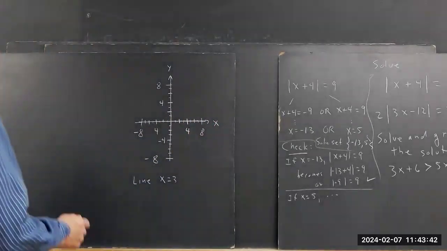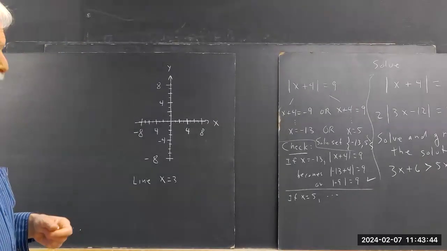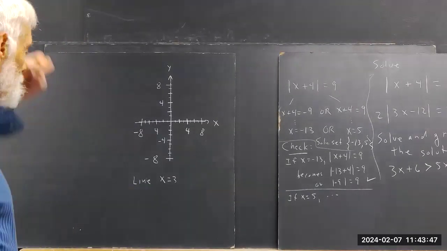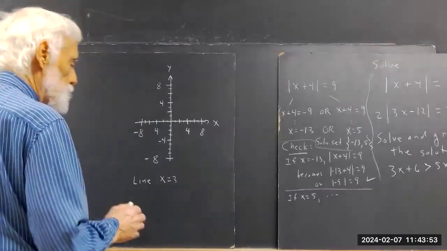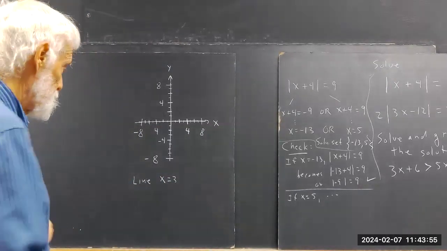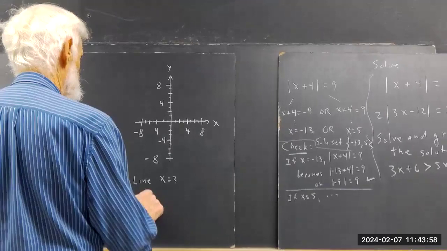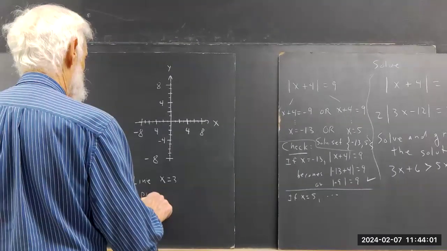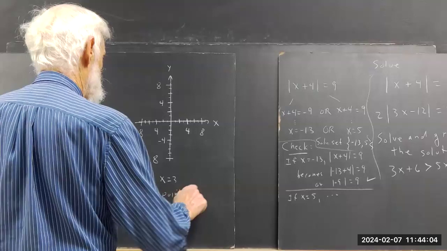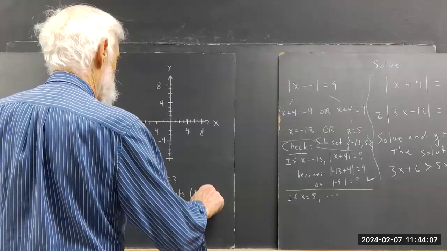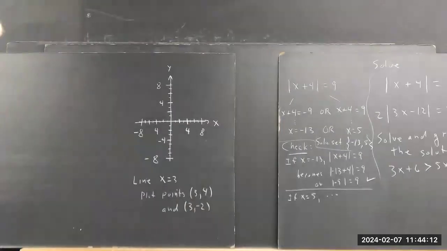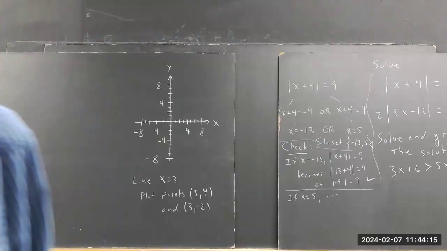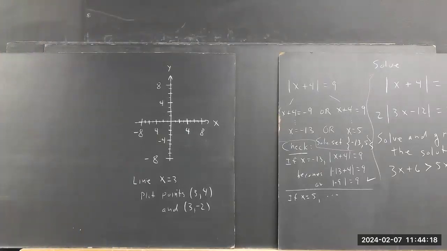Some of you are looking a little blank on this, so let's modify my question. Can you plot the points (3, 4) and (3, -2)? If not, that's okay. I'll explain it in a minute.